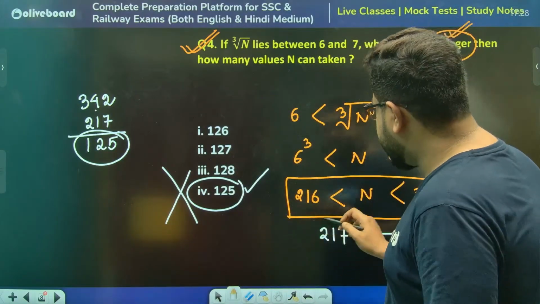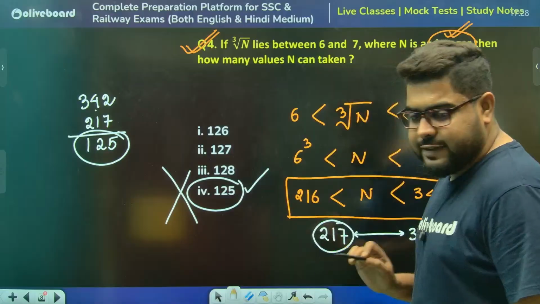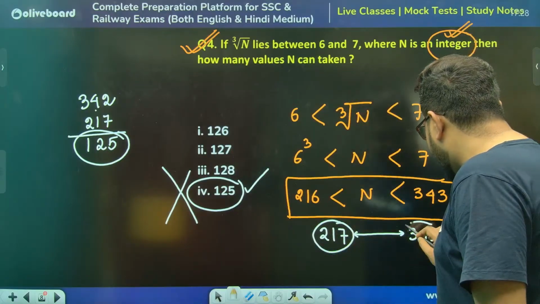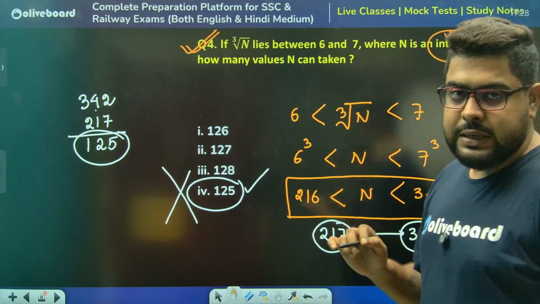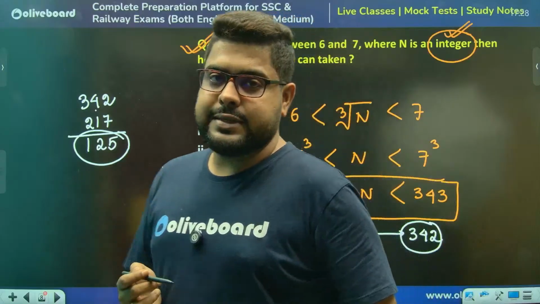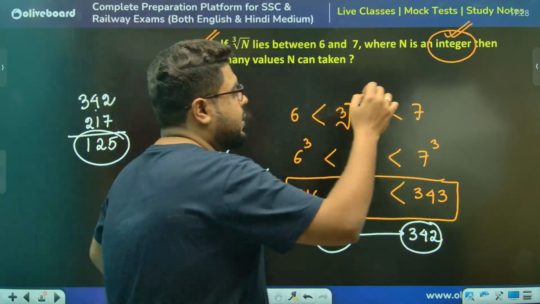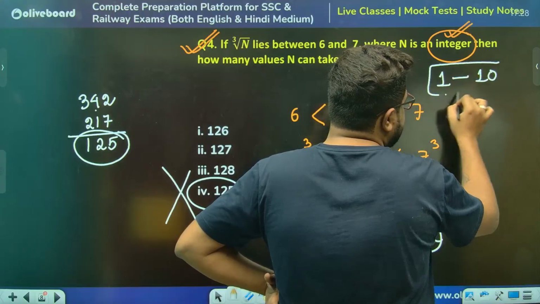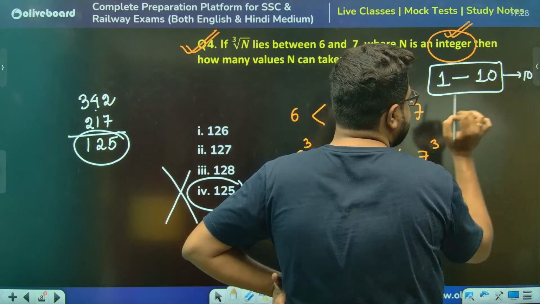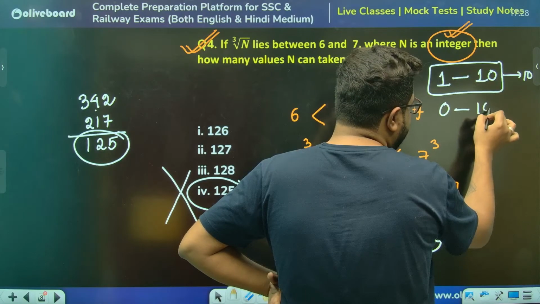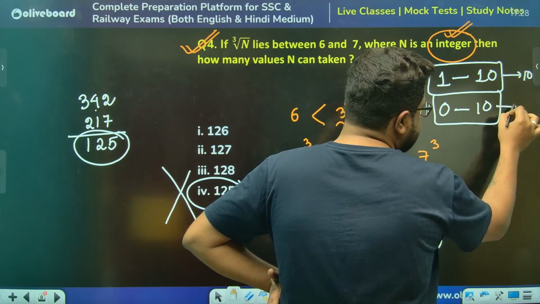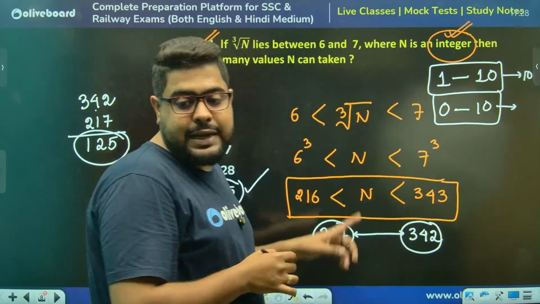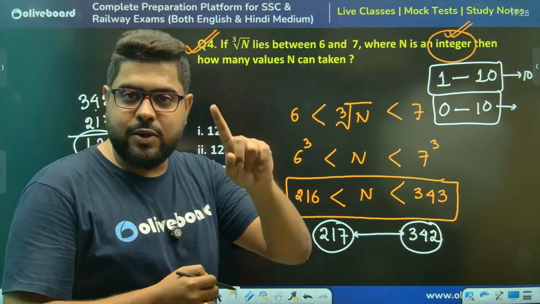Because both 217 and 342 are included. Start your count like this. If we start counting from 1 to 10, that is 10 numbers. But if you start your count from 0 to 10, it is not 10 numbers now. It is 11 numbers. One always more.